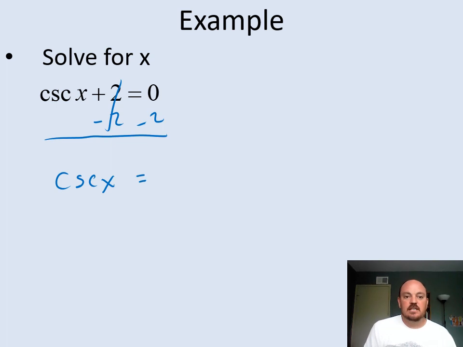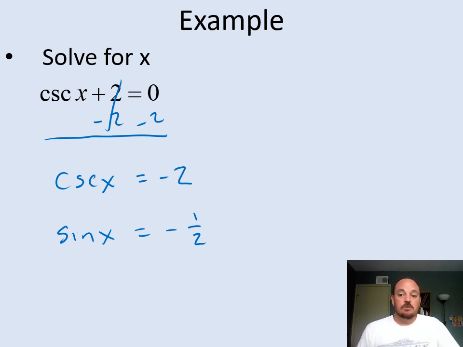So I'm going to have cosecant x equals -2. Now I've isolated my trig function, but it's one of our reciprocal functions, and I don't like working with those. So I'm going to flip it. I'm going to say if cosecant x is -2, then its reciprocal, sine x, is -1/2. That's much easier to answer using the unit circle.